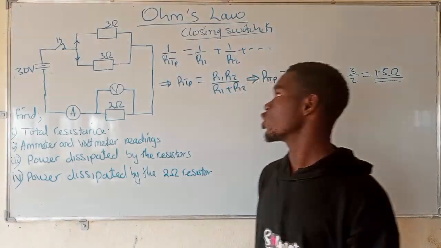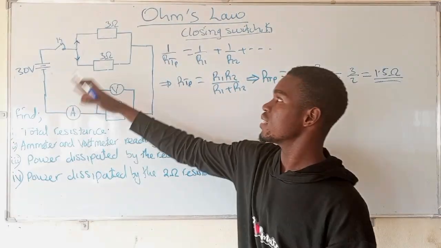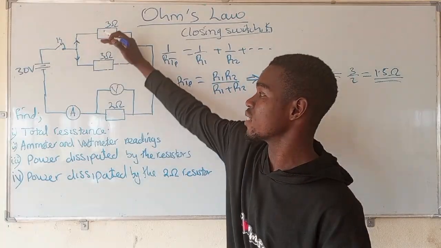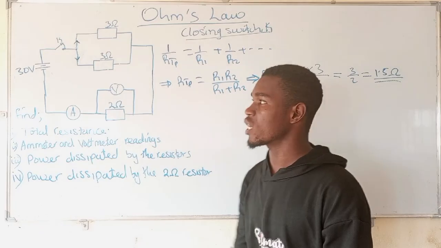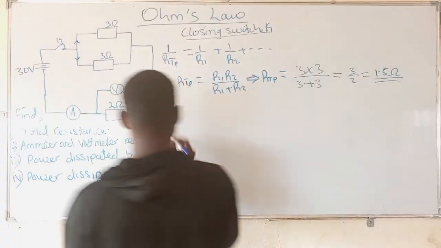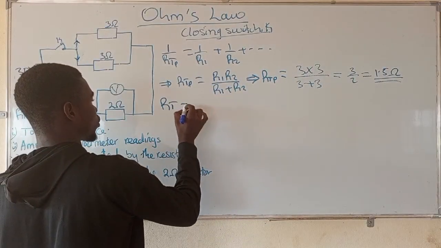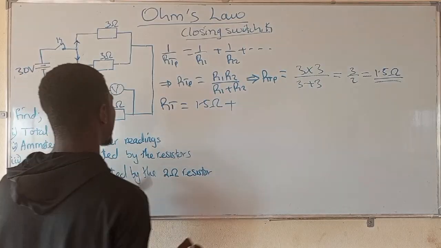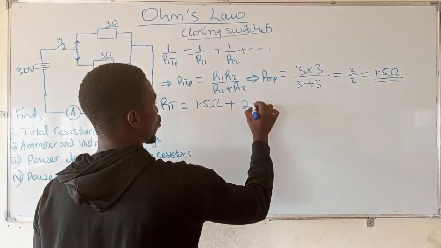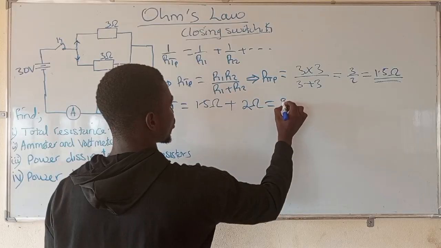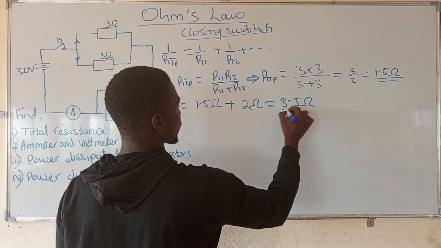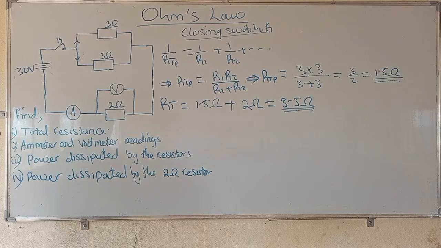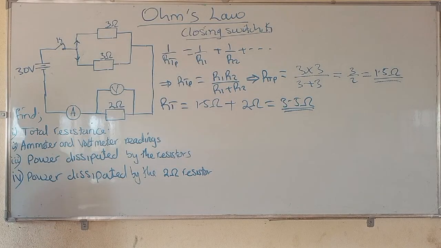Since the combined resistance of this parallel network is in series with this, R total is 1.5 ohms plus 2 ohms, which gives 3.5 ohms. Great. So this is the R total we were asked to find. So the first part has been gotten.